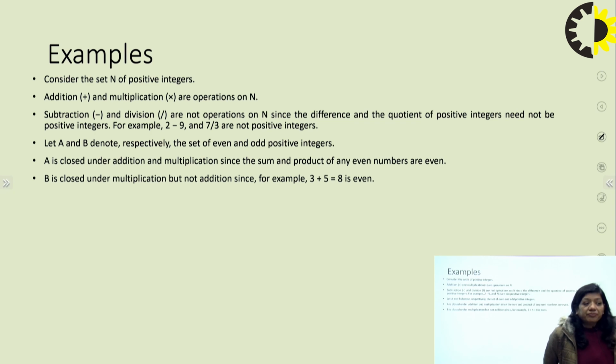Let A and B denote the sets of even and odd positive integers. A is closed under addition and multiplication, since the sum and product of any even numbers are even, and B is closed under multiplication but not under addition, because 3 plus 5 is equal to 8, which is an even number.